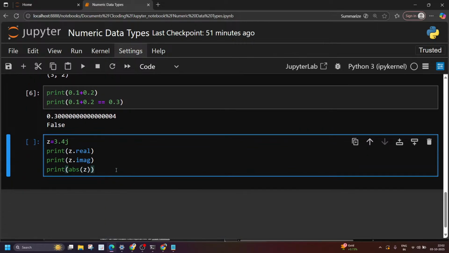You have to answer its output in the chat. There is a complex number and you have to print firstly its real value, then its imaginary value, and then its absolute value. So I hope you all can answer this. This is also a very easy question.